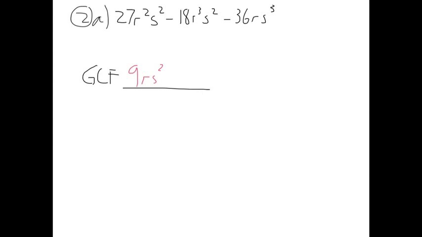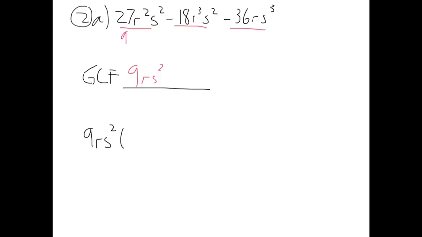Good, so how does that help me write this in factored form? Well, you take this GCF, 9rs squared, and you write it in front of a set of brackets. We call this factoring 9rs squared out of our polynomial. To do that, we divide each term by our GCF.